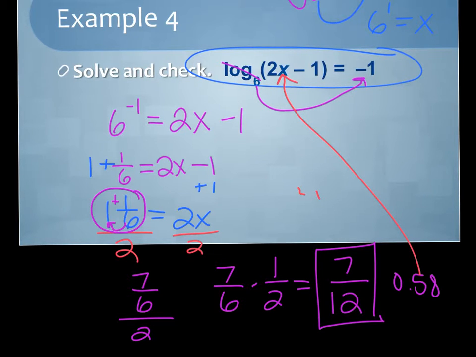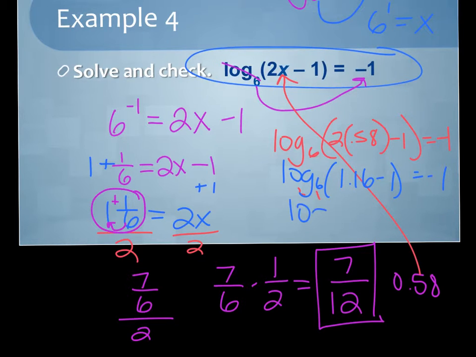And then again, just like before, check it by plugging it in. So log base 6 of 2 times 0.58 minus 1 should equal negative 1. So then 2 times 0.58 is 1.16. Log base 6 of 0.16 equals negative 1.